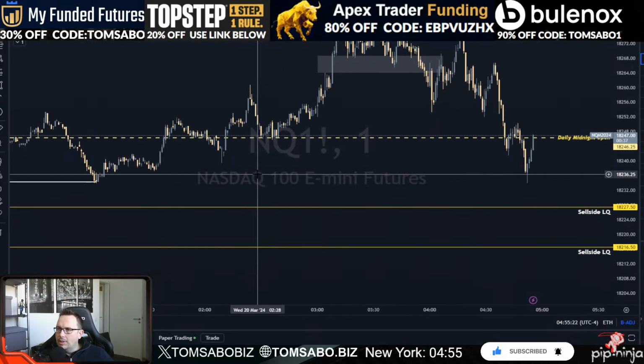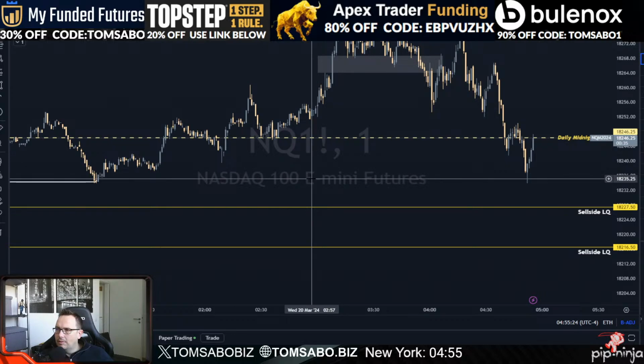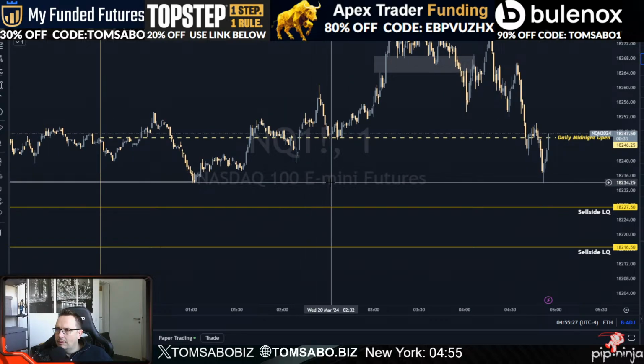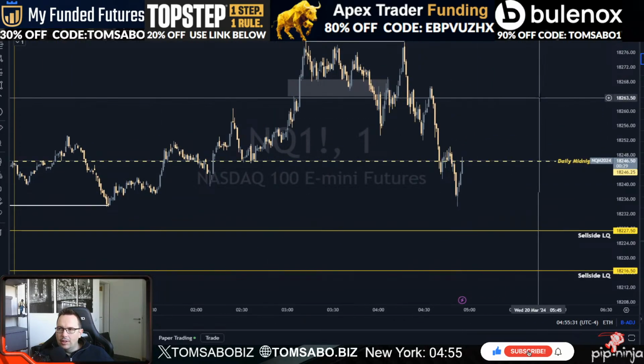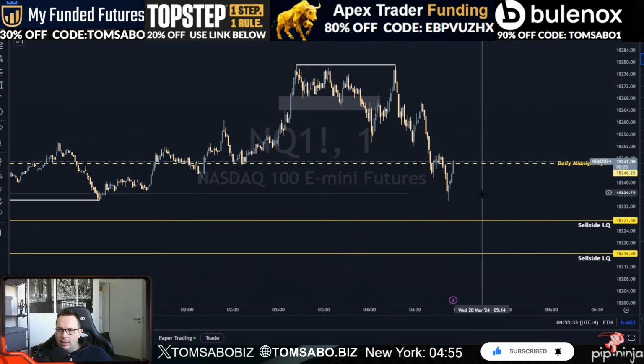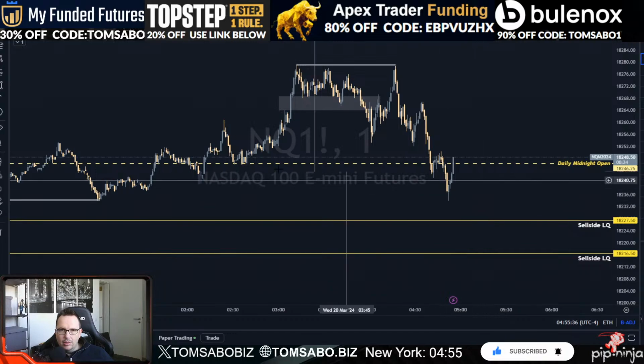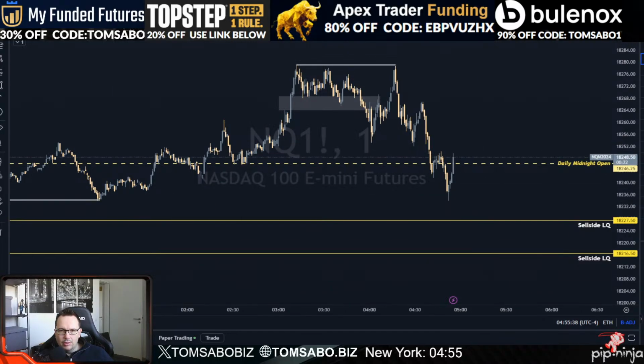And now it's just going back up. It could be going for internal range too. I mean, it tapped these lows here, and now it can just be going up again.